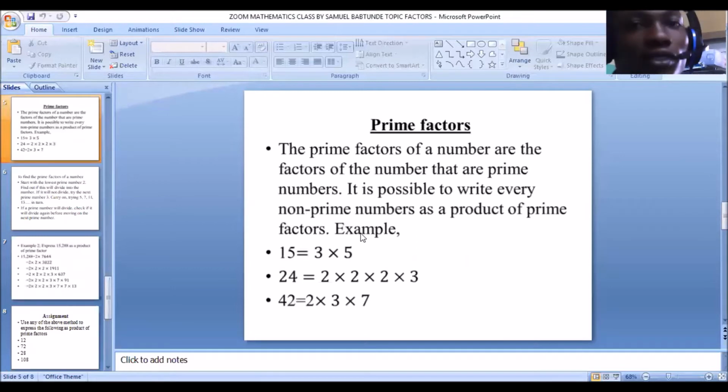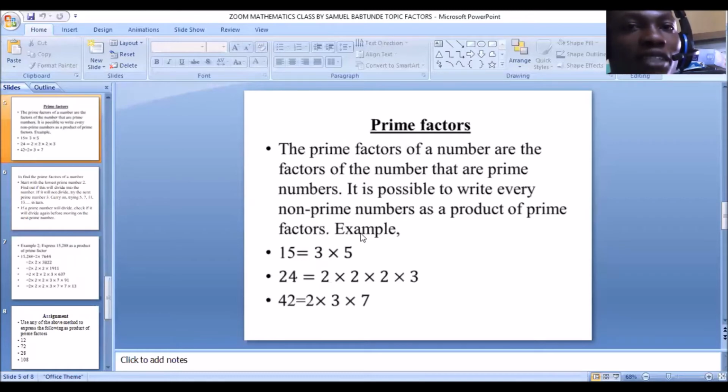Now, prime factors. We talked about factors, we talked about prime numbers. Now we're going to combine these two together, the factors and the prime numbers, to give us prime factors. Remember, factors are numbers that can divide into another number n without a remainder. So we say these numbers are factors of n.